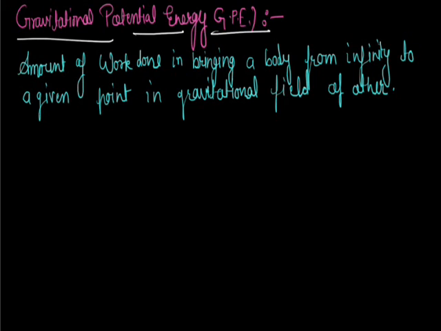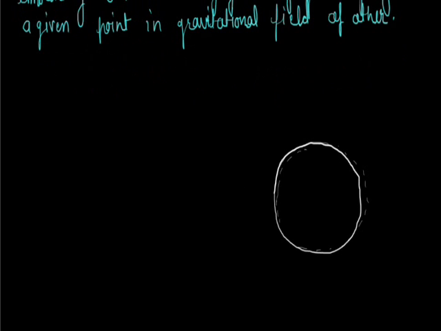Suppose first we draw a figure. Suppose here it is Earth, and its center is O, and suppose its radius is r, and we want to calculate the potential energy at point P. Suppose its distance from the center is small r.